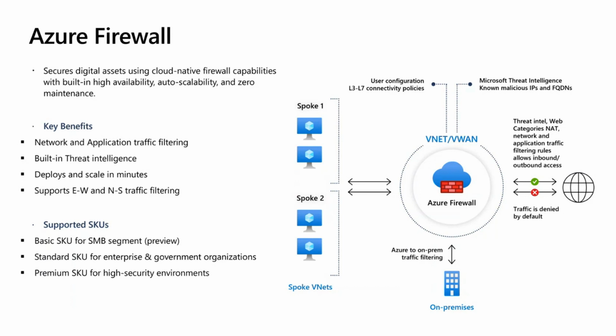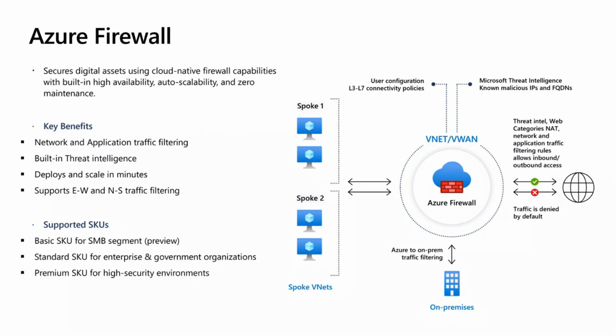Firewall as a function, its use cases are helps with network and application traffic filtering. So it has built-in threat intelligence. Microsoft's threat intelligence has visibility across all the traffic that Azure sees. And Azure sees a lot of traffic. It's a large public cloud.